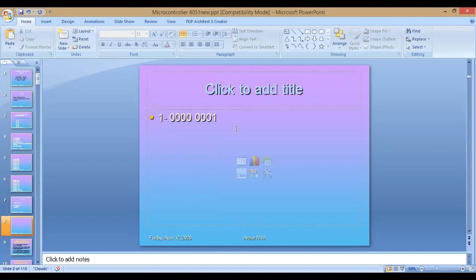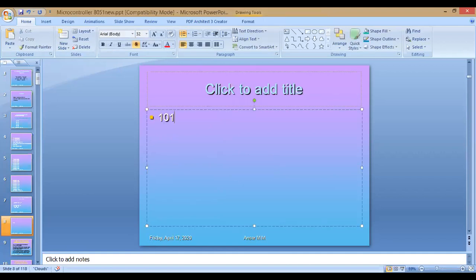Convert the binary number 10111101. This is an 8-bit binary number. First, we split it into two nibbles, the upper nibble and the lower nibble.